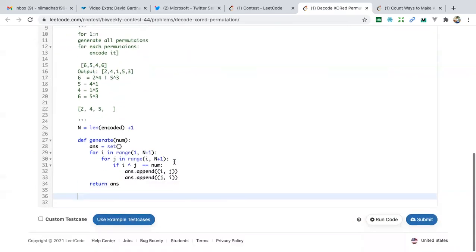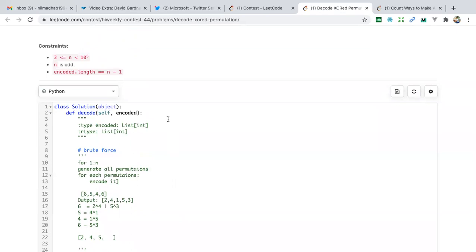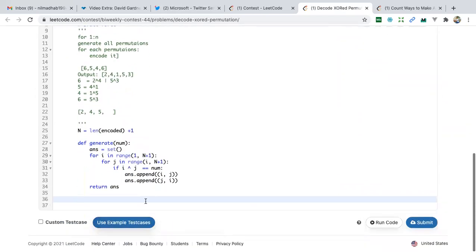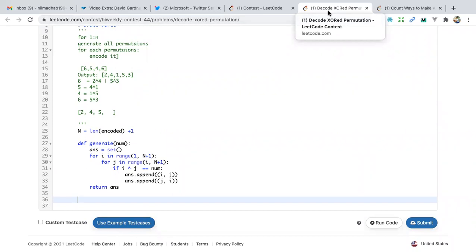So for 6 we'll have 2 4 and 4 2, and 3 5 and 5 3, and we have to check every combination. First we try with 2 and then we try 4 here, and whenever we get an answer then we do it. So we have to use something like backtracking.